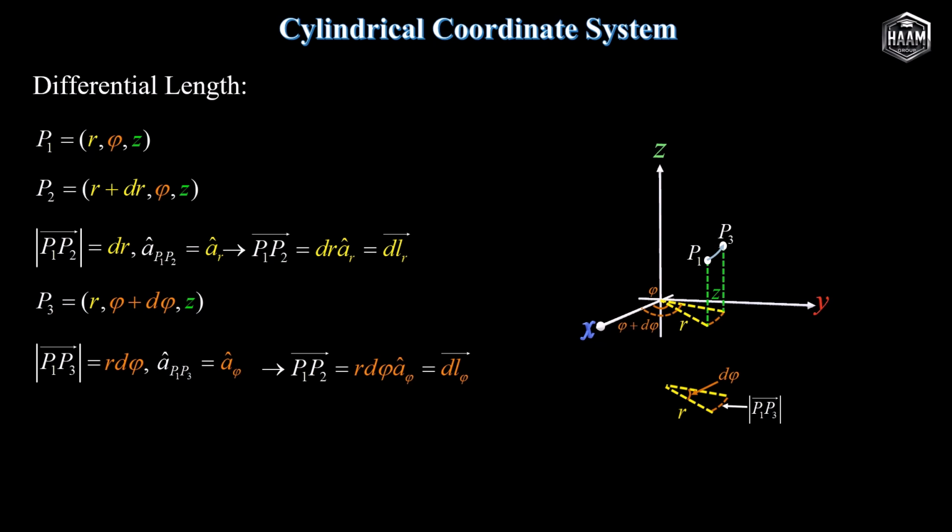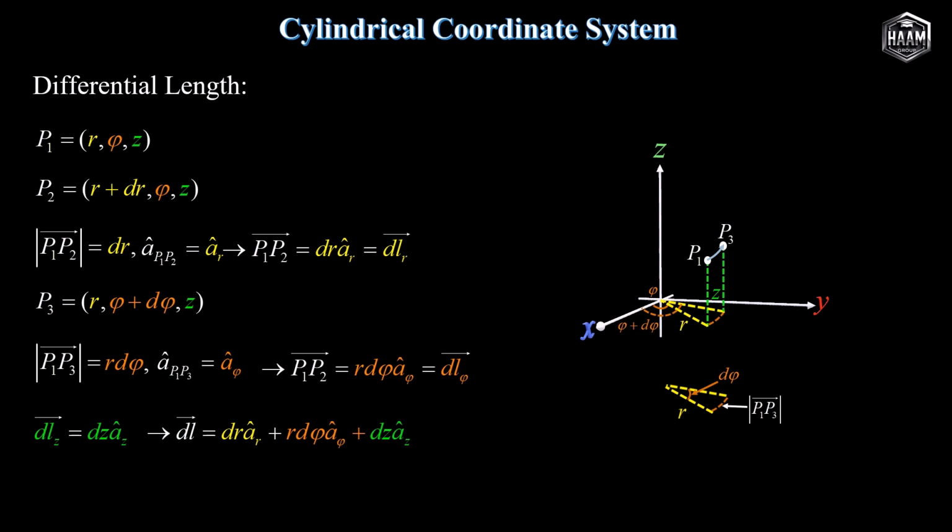For the remaining variable z, which we previously showed in the Cartesian system, dl sub z equals dz times a hat sub z. Consequently, we add these three differential lengths together: dr times a hat sub r plus r d phi times a hat sub phi plus dz times a hat sub z.